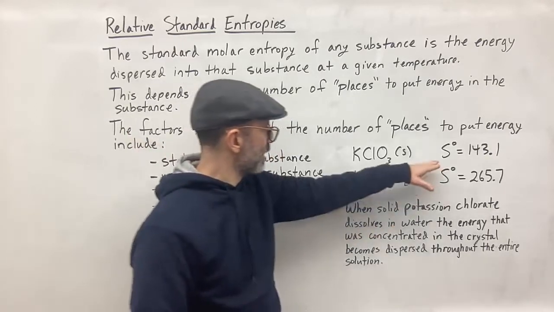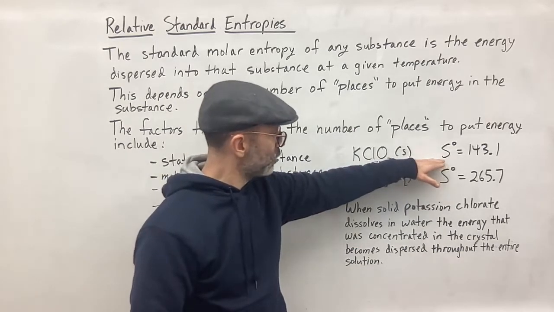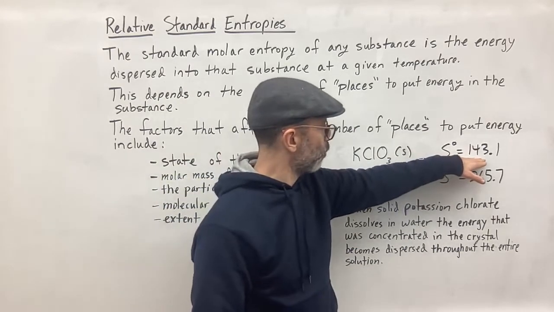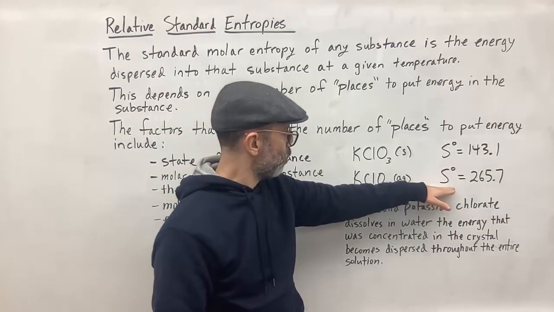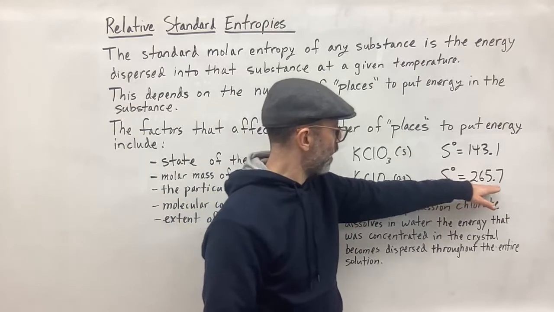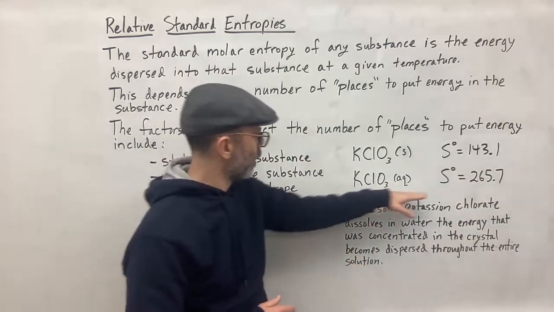And so you can see here that the solid crystal has a molar entropy of 143.1, but the aqueous solution has a molar entropy of 265.7. And so why is there a greater entropy here?